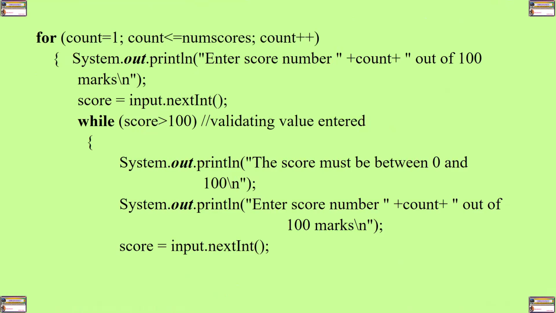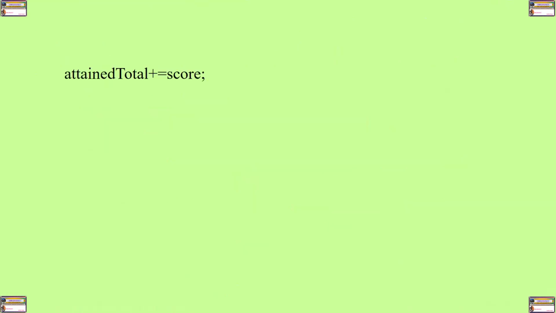Once the score is entered, it is read and assigned to the memory location called score. Now, if the score that has been entered is not more than 100, then we come out of the while loop and do the addition.